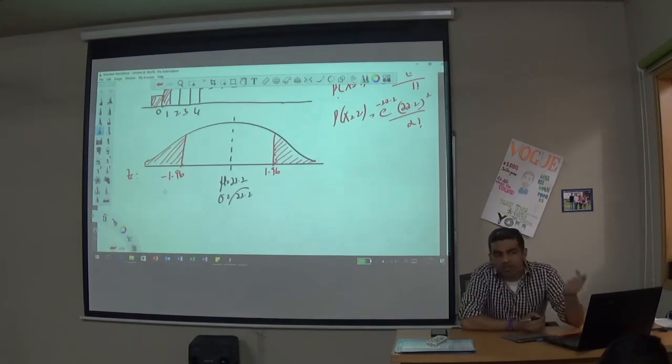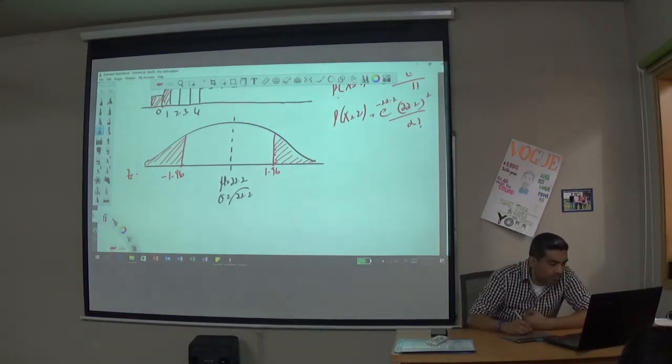So let's convert the Z critical to the X critical. Minus 1.96 equals X critical minus 22.2 over root 22.2.